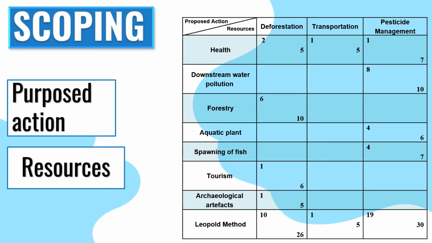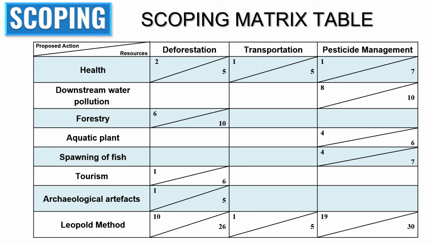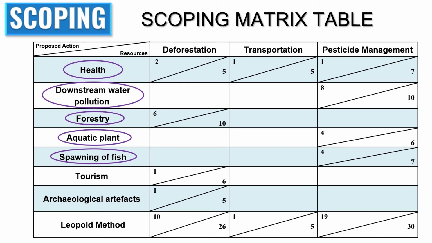Scoping. Scoping consists of proposed action and resource. Based on the scoping matrix table, which involves deforestation, transportation, and pesticide management, there are several factors being surveyed and evaluated, such as health, downstream water pollution, forestry, aquatic plant, spawning of fish, tourism, and archaeological artifact.